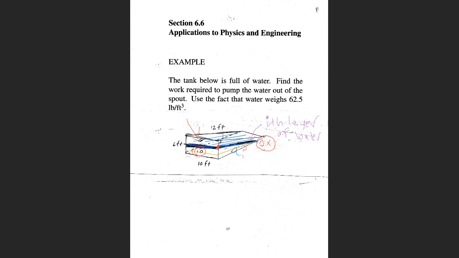So if I think about another layer of water here, a second layer of water, if I draw it in here, this second layer of water, which is lower from the top and at a further distance from the top than that other blue layer of water, is the length going to vary depending on how far the layer of water is from the top of the tank?